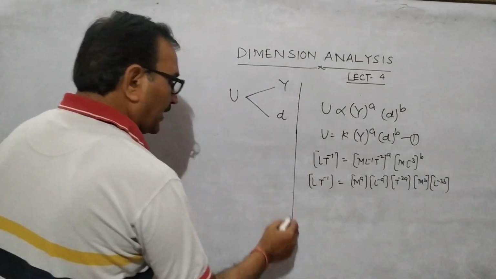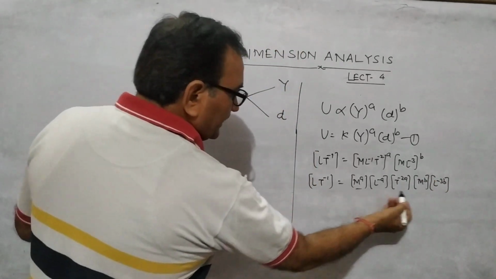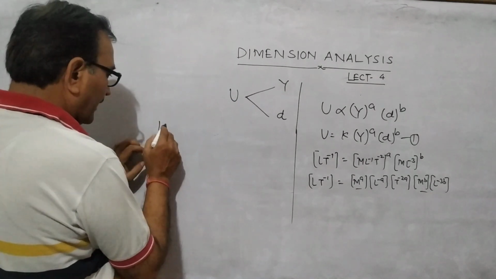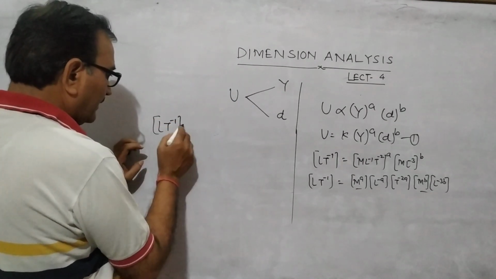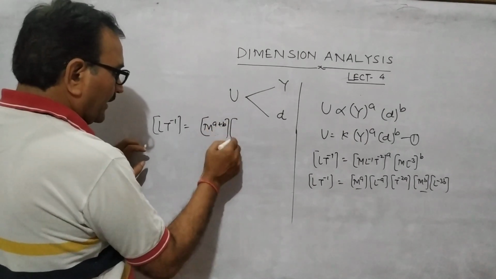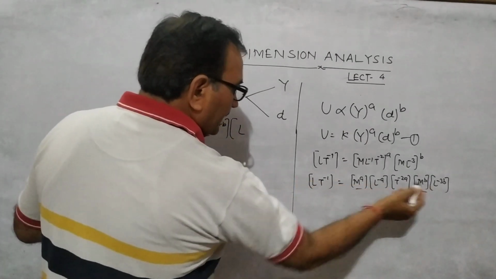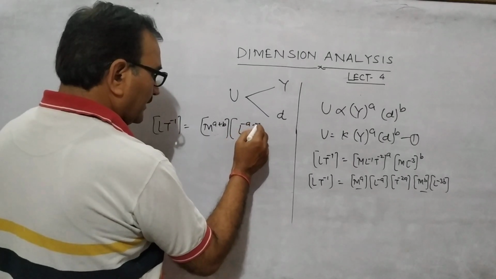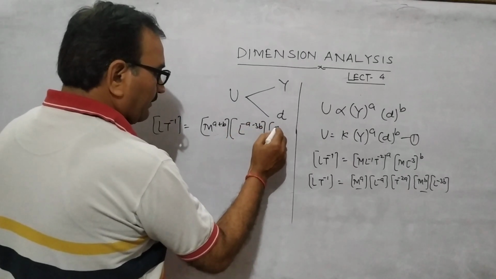Now the bases are the same. So M to the power a plus b, L to the power minus a minus 3b, and T to the power minus 2a.